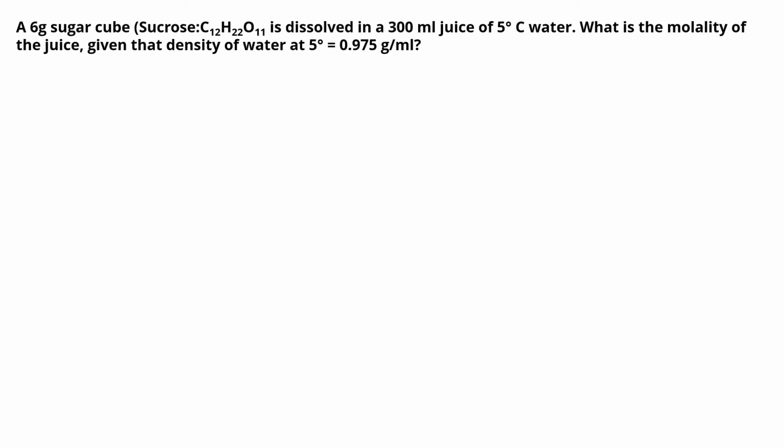Here you need to pay attention to the density formula. Density is defined as mass by volume. Pay attention to this and calculate the molality by yourself. I'll give 2 minutes for this one. So please calculate the value and then match yours with mine.